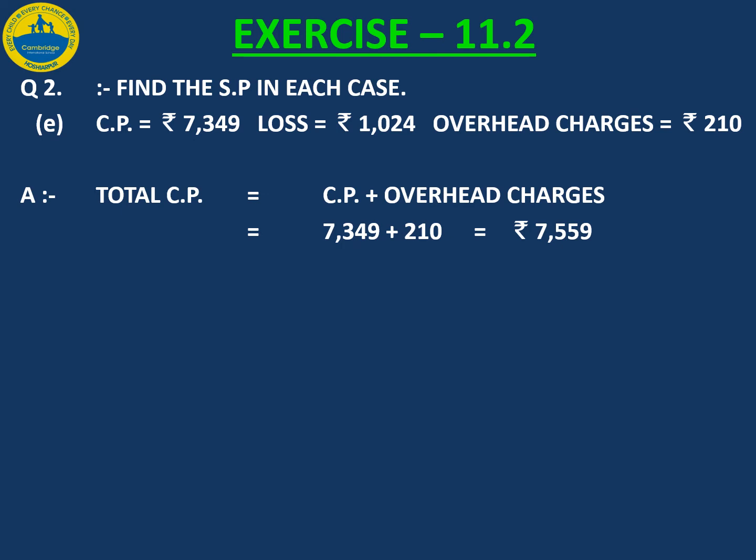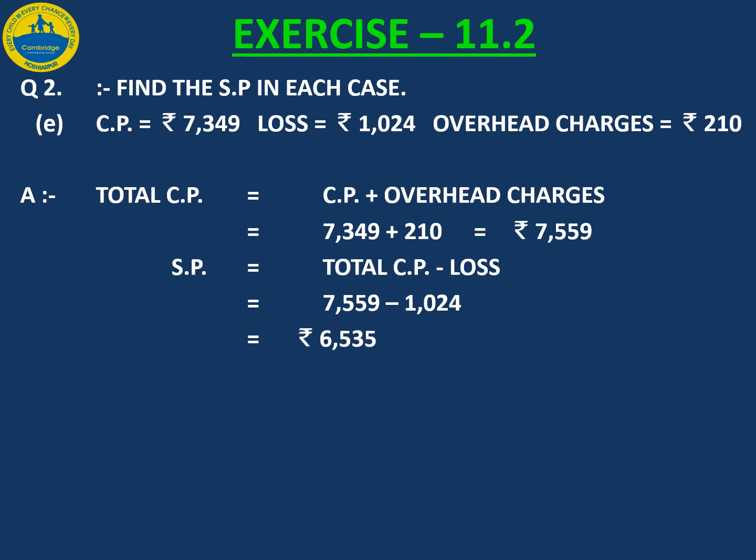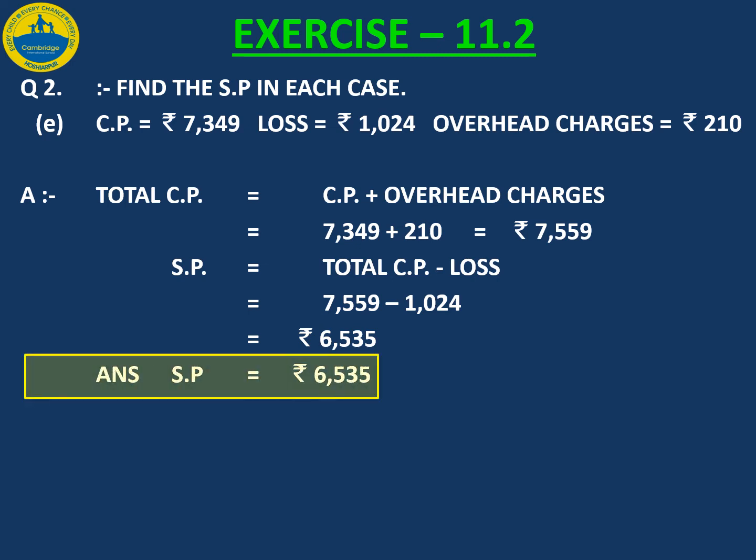Total cost price will be 7,559. Selling price is equal to total cost price minus loss. Now our total cost price is 7,559 minus loss 1,024 is equal to rupees 6,535.